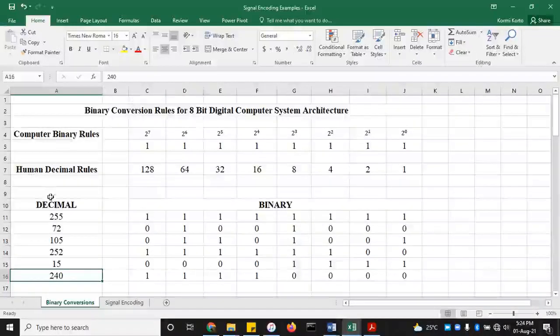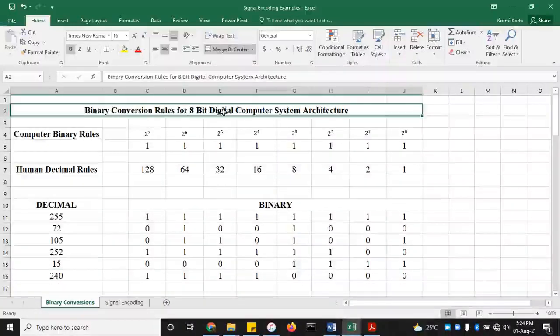So anyway, that's how you do the conversion for every 8-bit digital computer system architecture. Obviously, if you had 16-bit or 32-bit or 64-bit or 128-bit and higher, 512 and so on, it would just increase. But the computer binary rules and the human decimal rules always stand still.